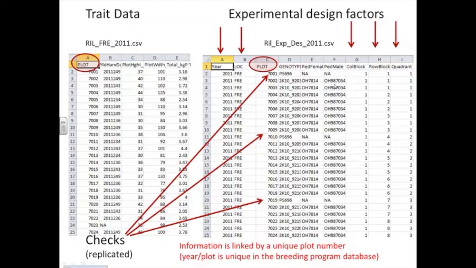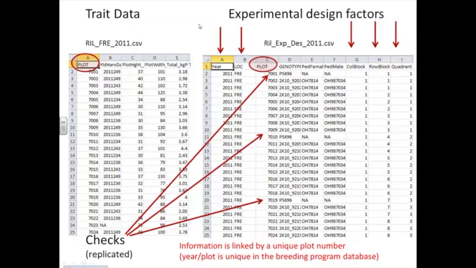All right? Then we have this information on the column block, the row block, and the quadrant block. Okay? That right there is our augmented design. And you can see that we have checks that are replicated.